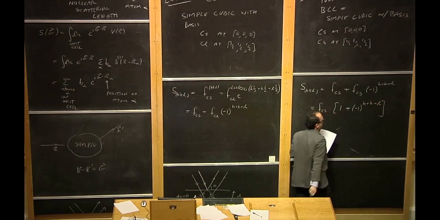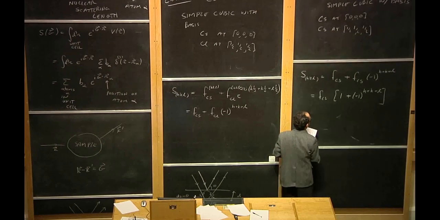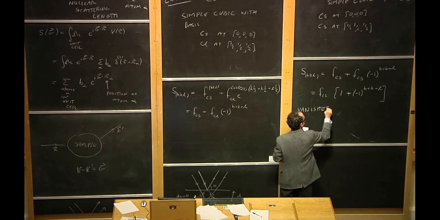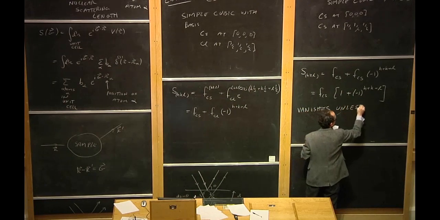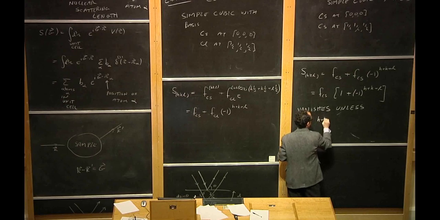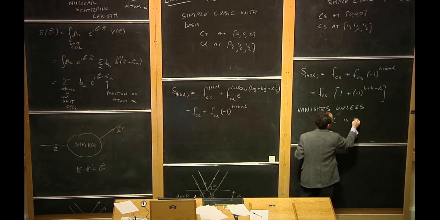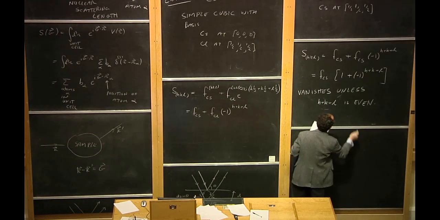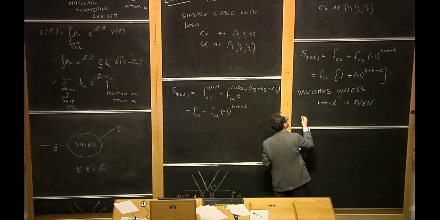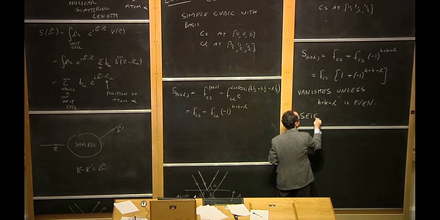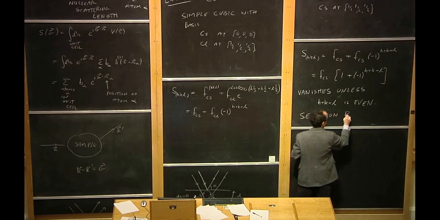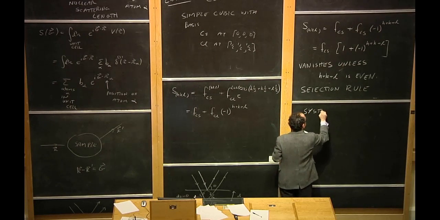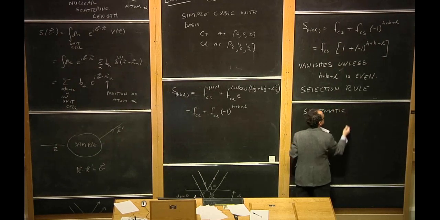Now you'll notice that this vanishes unless, write this down, unless h plus k plus l is even. This is what's known as a selection rule or a systematic absence. Maybe I'll write those down. Selection rule or systematic absence.